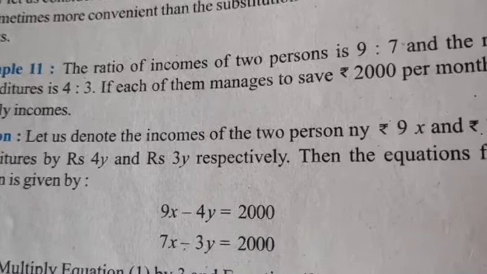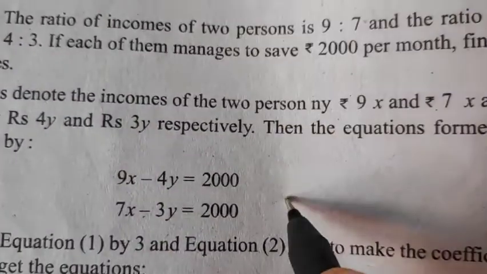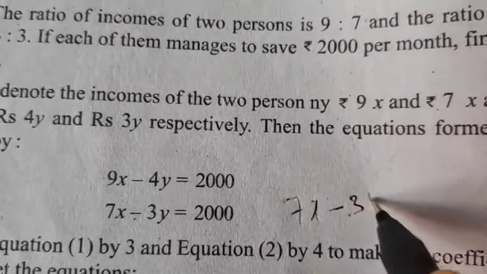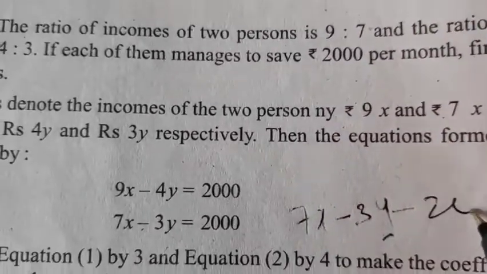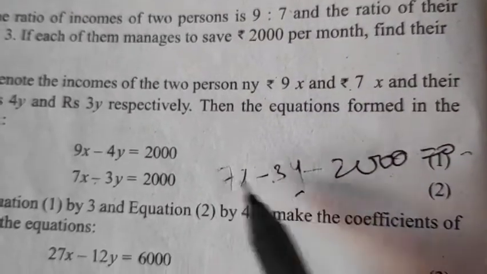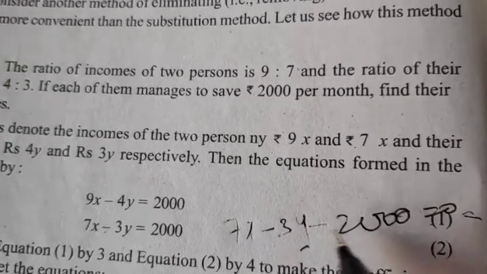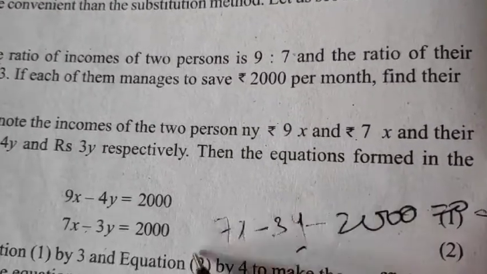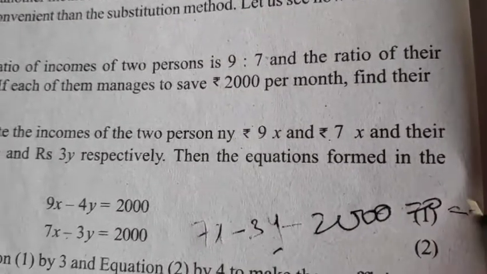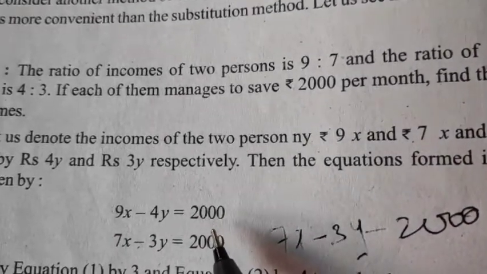But suppose the second equation I write like this, 7x minus 3y minus 2000 is equal to 0. The equation is not wrong. But what happens? In this expression, all the three terms are on one side and it is equal to 0 form. In the first one, two terms are on one side and it is equal to a numerical value.